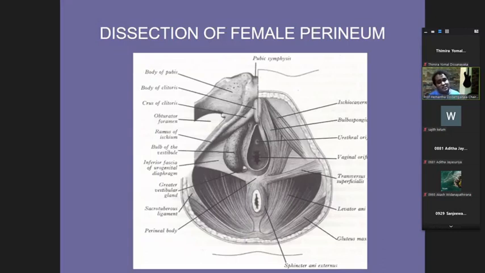That is how I tell everyone to understand the pelvic perineal supports. That is the closest example I can give you of the female perineum and its supports.